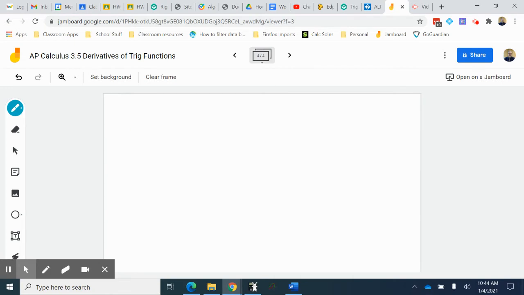Let's go ahead and do another example where we have a quotient. We'll set the function equal to cosine of x over 1 minus sine of x. So u is equal to cosine. The derivative of u is equal to negative sine. And by the way, I strongly recommend writing out u and v and their derivatives off to the side when you're doing this kind of problem.